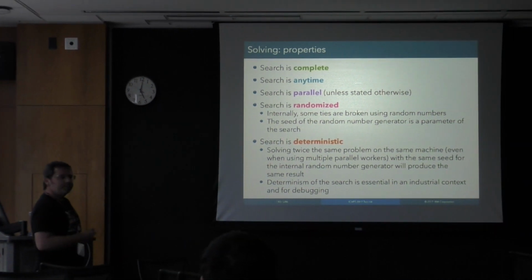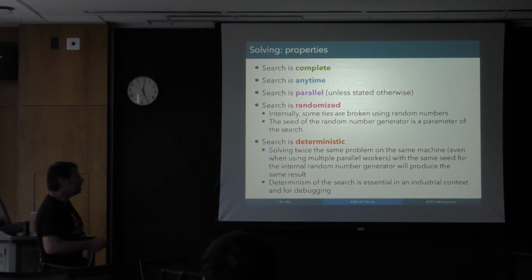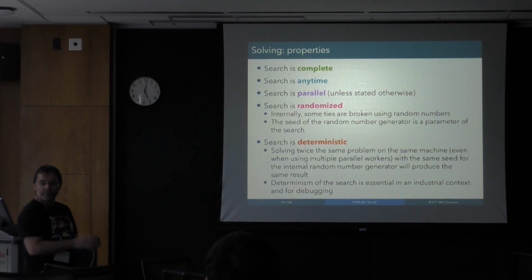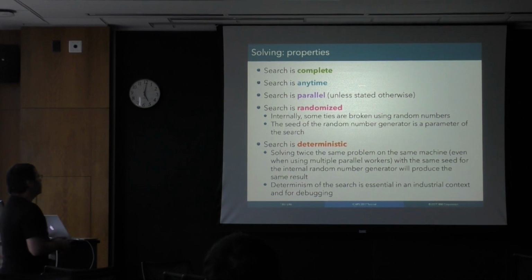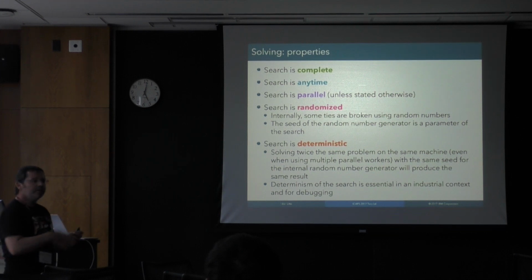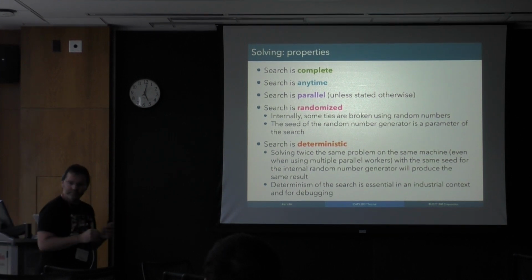The search exploits parallelism, okay? So the search is parallel, unless you say otherwise that you want to use only one thread on your machine. One important thing to know is that it's randomized. Here I'm starting to go a bit under the hood.